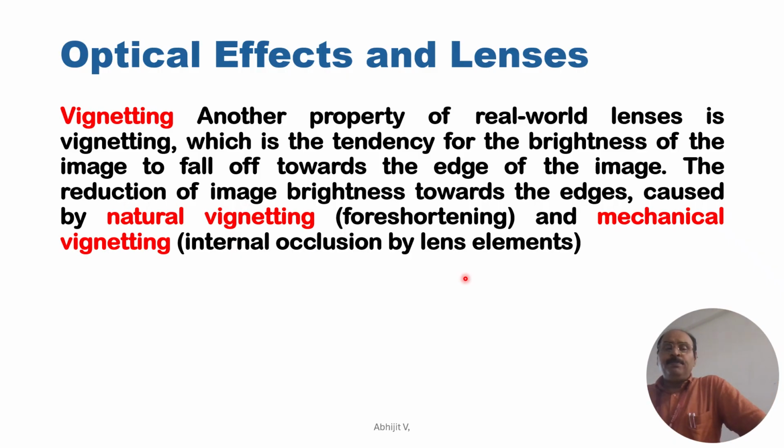We have two types: natural vignetting and mechanical vignetting. I will explain all these concepts very clearly with respective images in the next class, or in the upcoming classes, as I told you in the previous class. I will be posting it separately. Is that okay?